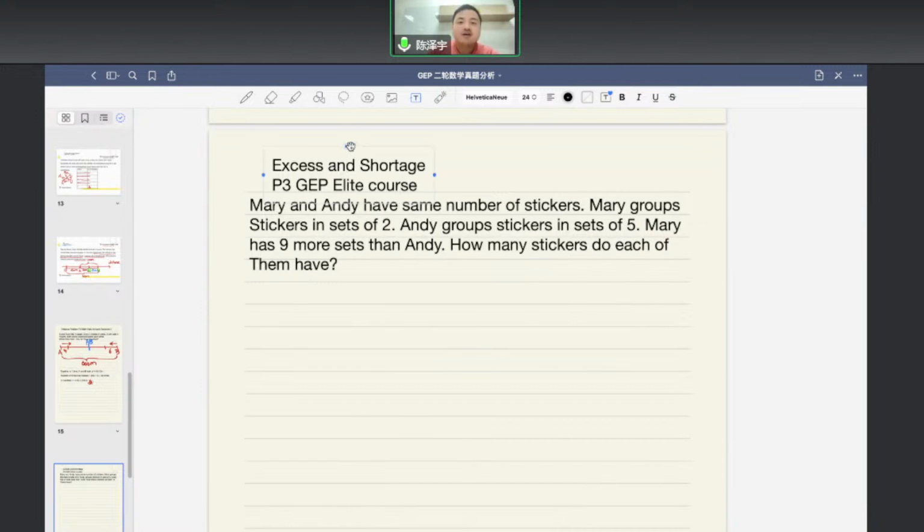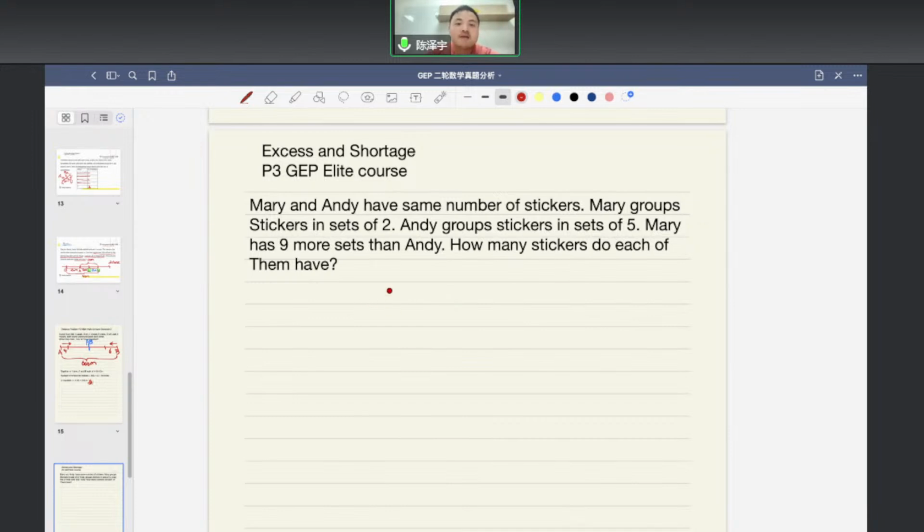A lot of students actually have difficulty identifying this kind of question as excess and shortage. But don't worry, I will teach again how to do excess and shortage. Excess and shortage is very commonly tested in PSLE, also in other maths Olympiad questions.